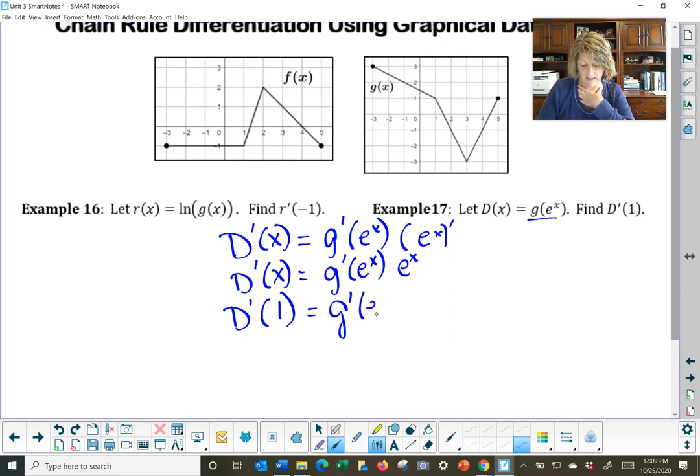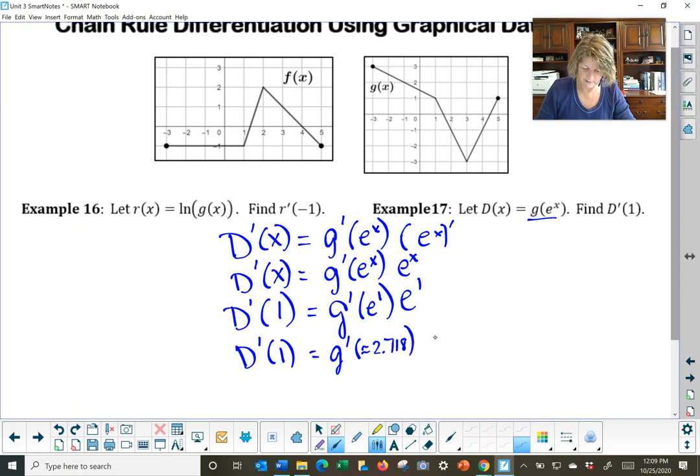G prime of e to the first. Oh, that's going to be fun. You're probably asking yourself, what the heck? G prime of e to the 1. Where's e? I'm thinking in my head about 2.718. So g prime of e is at 2.7-ish.